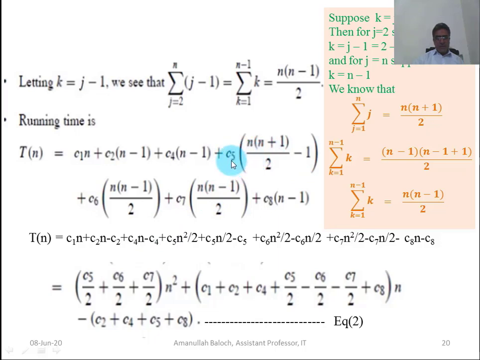we will multiply c2 c5 with this thing. They will become c5 n square divided by 2, c5 n divided by 2 minus c5.